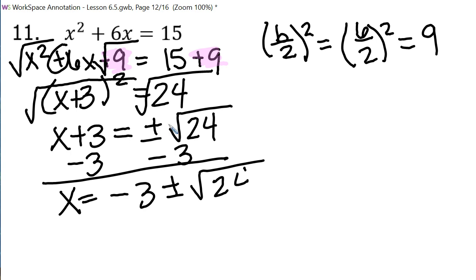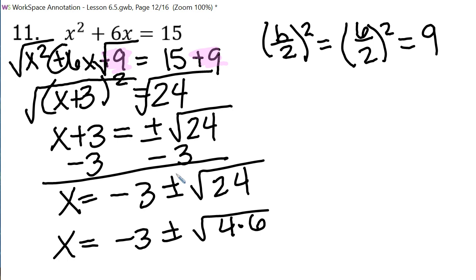And what is the perfect square for 24? We need 4 times 6. And mark out the 4. What's the square root of 4? 2. So the answer is x equals negative 3 plus or minus 2 square root of 6.